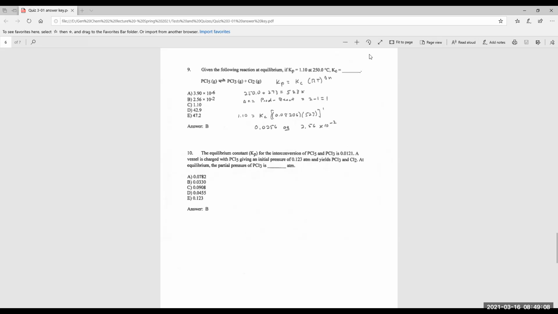We can plug in the R value. The T value we know now is 523. That power, the delta n number, is 1. So we plug all that in. We're solving for Kc, and you get a value of 0.0256 or 2.56 times 10 to the minus 2.